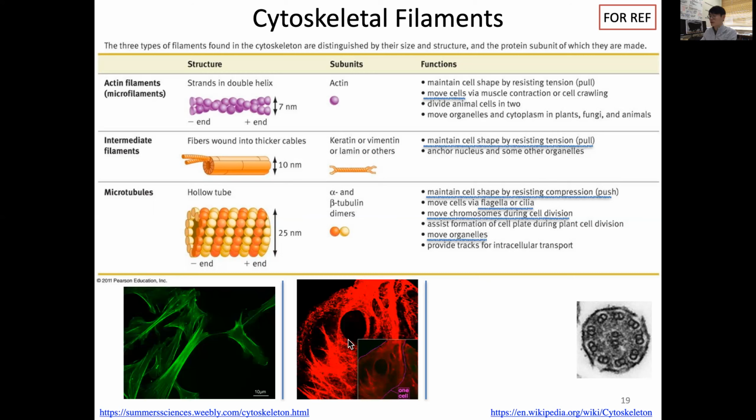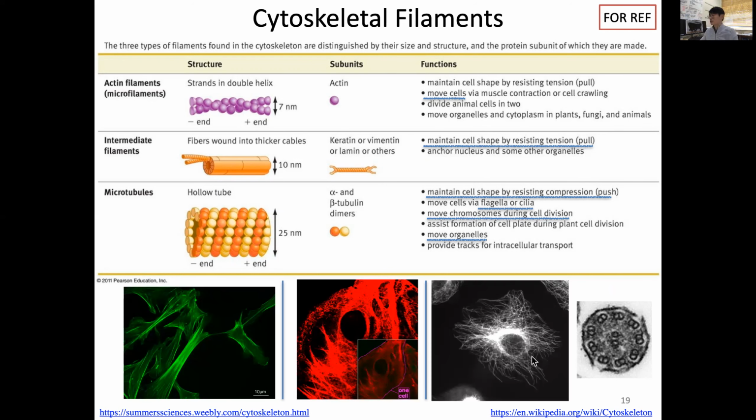And in this intermediate filament image, you can see the central part is a nucleus, and how intermediate filament is distributed. This also anchors the cell to another via desmosomes. And microtubule looks like this. It's close to the nucleus, but dispersed, and it's in fact a very dynamic part of our cell.